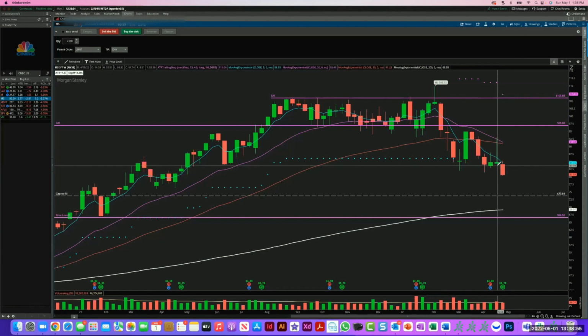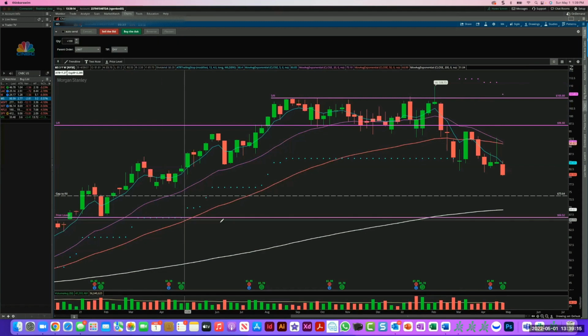Remember I said earlier in the week or last week that the 5-day EMA is, in my estimation, really strong support and resistance. So this is a weekly. It's getting rejected off the weekly. The 200-day EMA is all the way down here at 69.07.